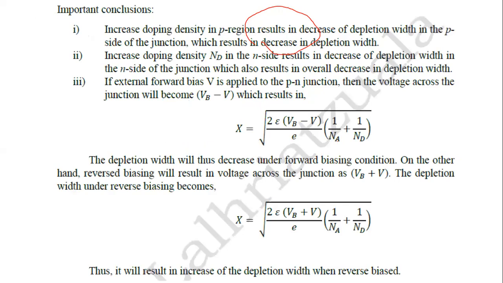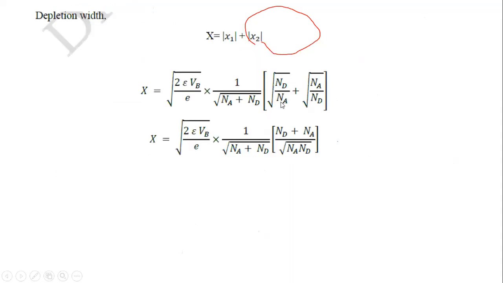Now, what is the important conclusion we can have from here? Increased doping density in the p region results in a decrease of depletion width on the p side of the junction. See, if you increase the value of Na here, there are two Nas in the denominator, the doping concentration on the p side, then the depletion width will decrease.